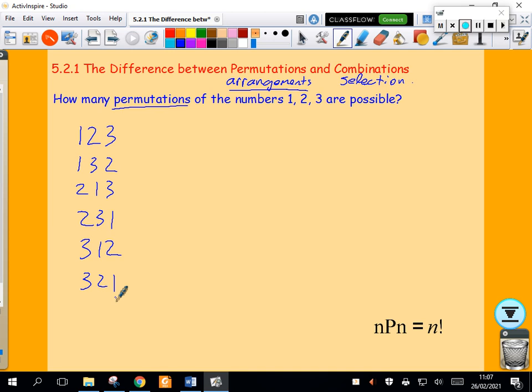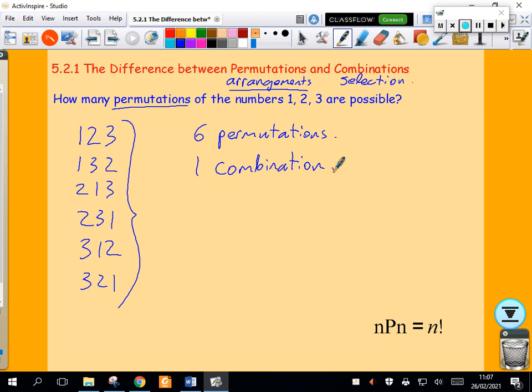So what I have is 1, 2, 3, 4, 5, 6 different permutations. It's important to note that all of these 6 different permutations, though, is just one combination.